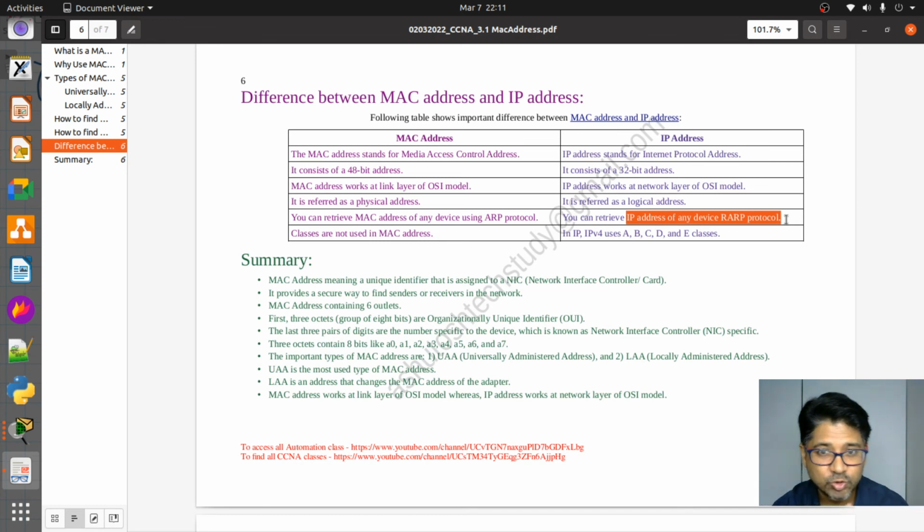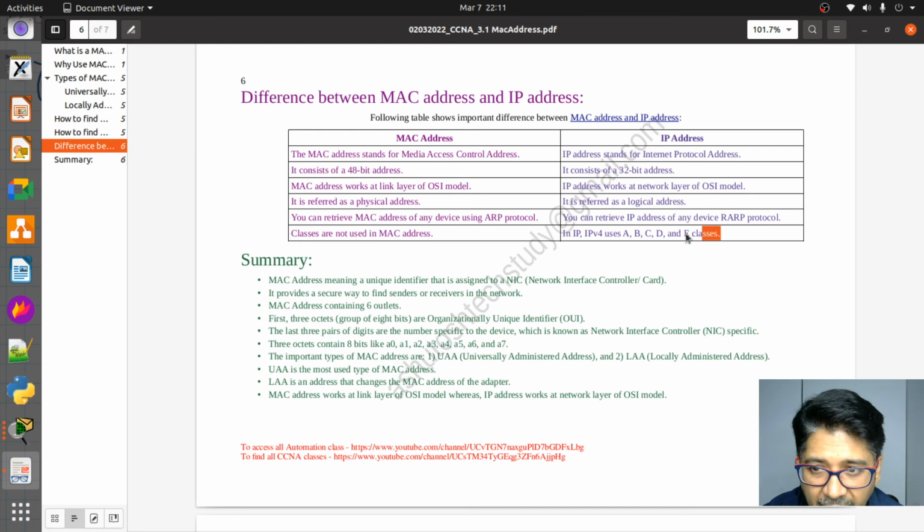When we complete IP addressing, we will do both ARP and reverse ARP labs combined. In IP addressing we have classes: class A, class B, class C, and class D.